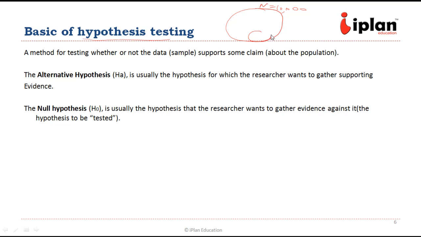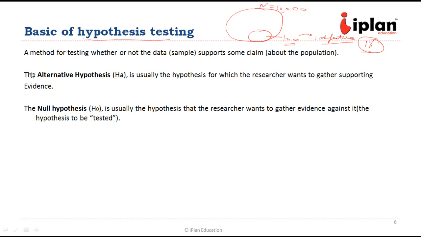We have taken a small sample of say 100, which says that there is only one defective product out of 100. There is only 1% defect. But we do not know if the same thing is true for the population or not. So for that we need to perform hypothesis testing, where we are claiming that the defect in this case is just 1%. So we need to check whether that is true for the population.